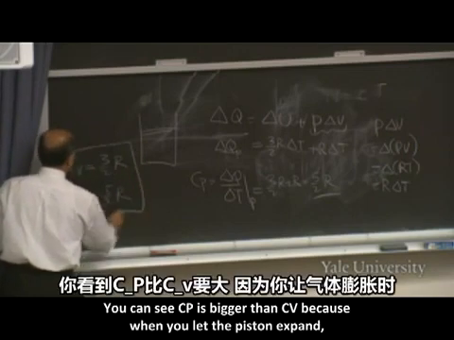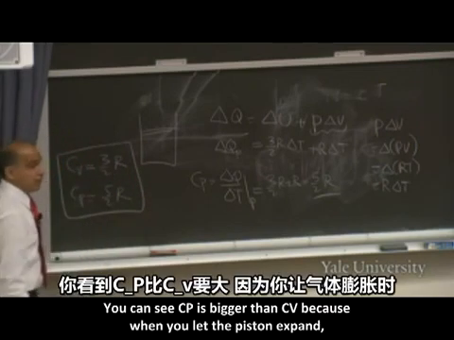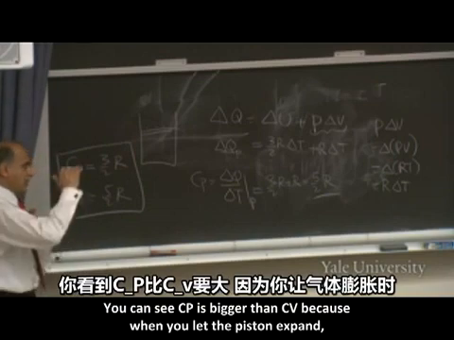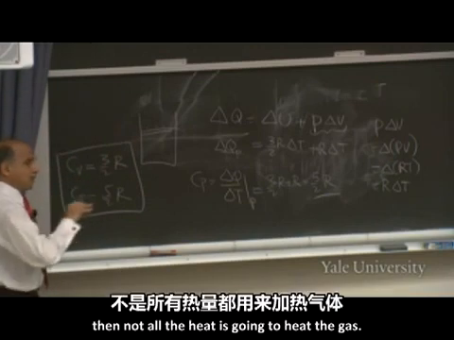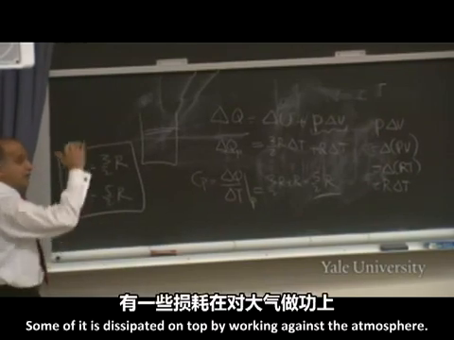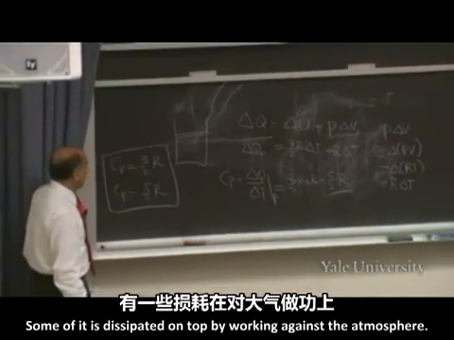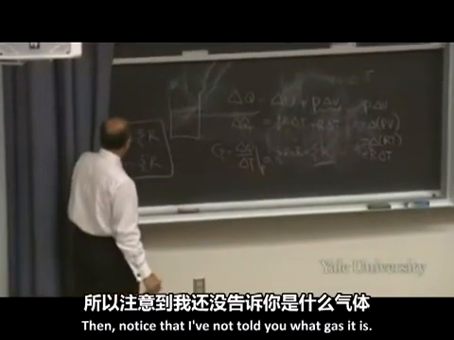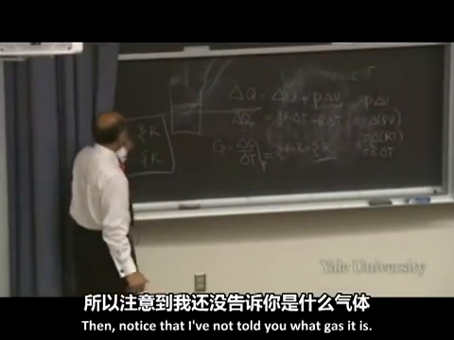You can see Cp is bigger than Cv, because when you let the piston expand, then not all the heat is going to heat the gas. Some of it is dissipated on top by working against the atmosphere. Then notice that I've not told you what gas it is.